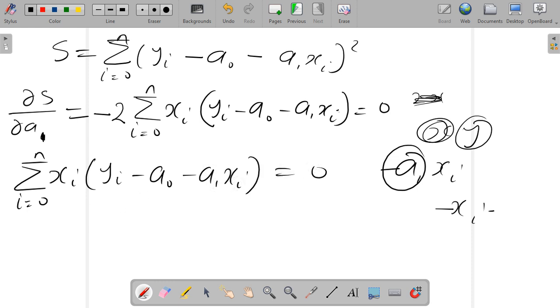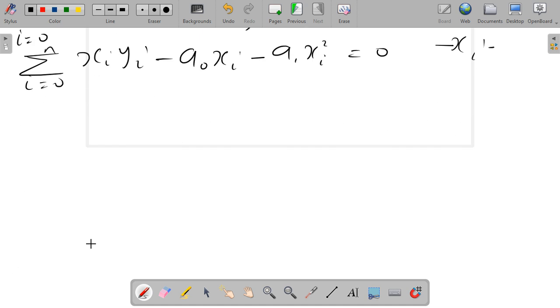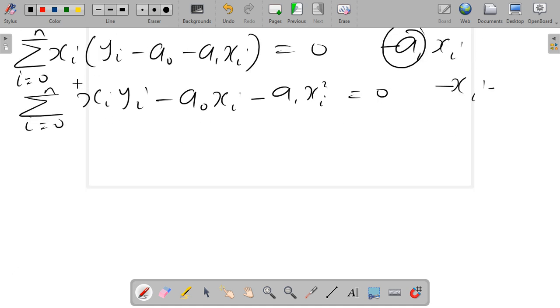So we can open the bracket. Obviously, if we open the bracket, we are going to have the summation of i starting from 0 to n of xi yi minus a0 xi minus a1 xi squared is equal to 0. Like I told you before, you can use summation to open the bracket. So let's share the summation to everybody.